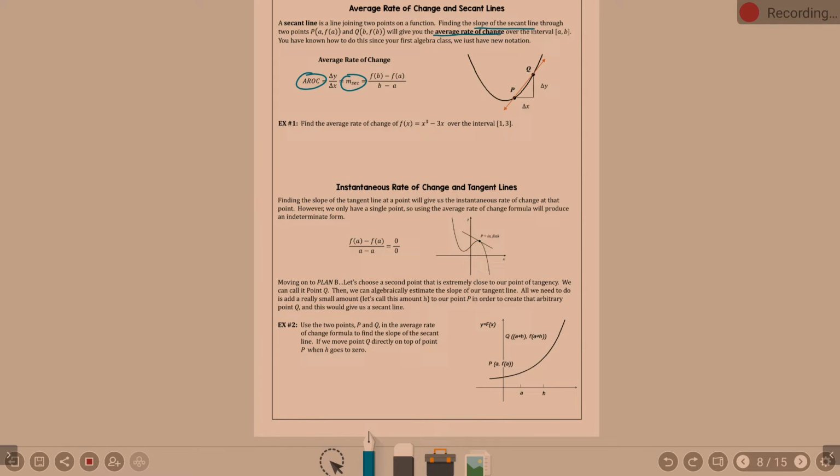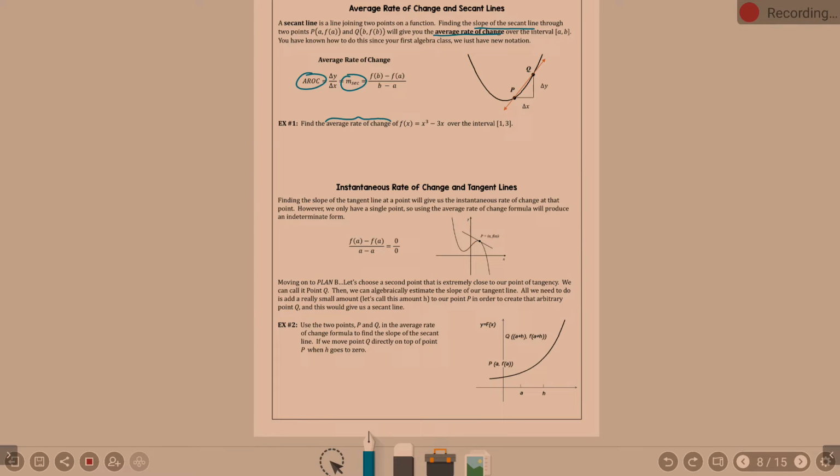So example 1, find the average rate of change of f of x equals x cubed minus 3x over the interval 1, 3. What are they asking me to find then?